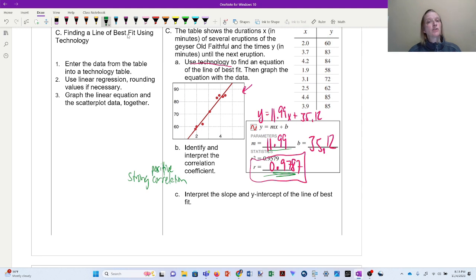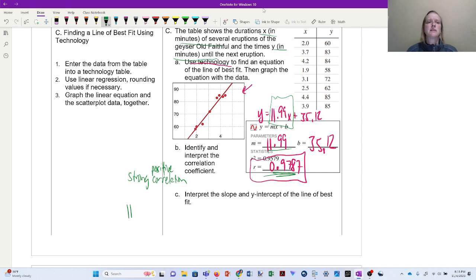Looking at the last question, interpret the slope and y-intercept of the line of best fit. So the slope of your line of best fit is the y value over the x value, the change in the y value over the change in the x value. So when we look at slope, we look at the units in the y direction divided by the units in the x direction to help us interpret the meaning.